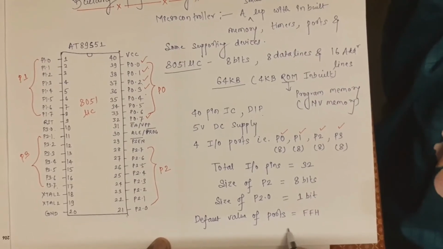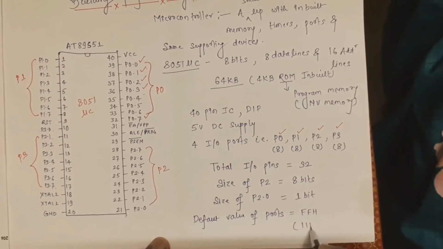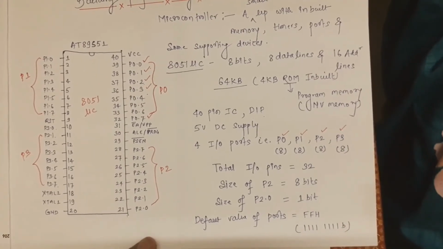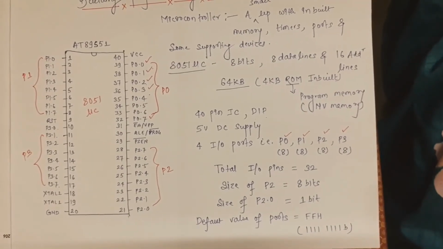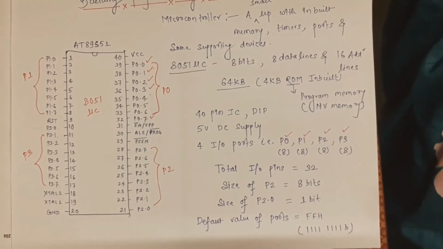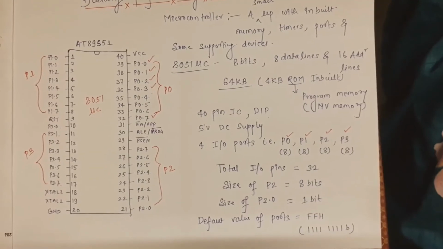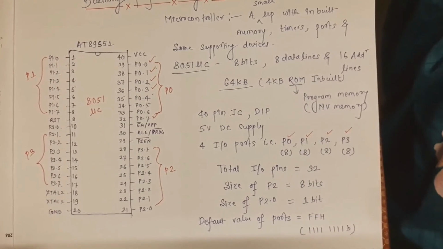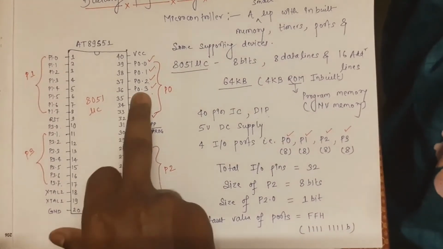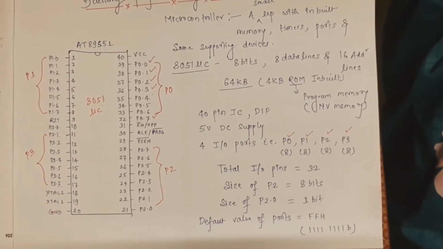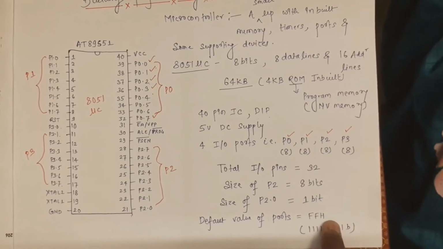If I write this in binary, it will become 1111 1111. The default value means the power on value, that is when I turn on the system, at that particular time what will be the value of port 0, port 1, port 2 and port 3, that is FFH.